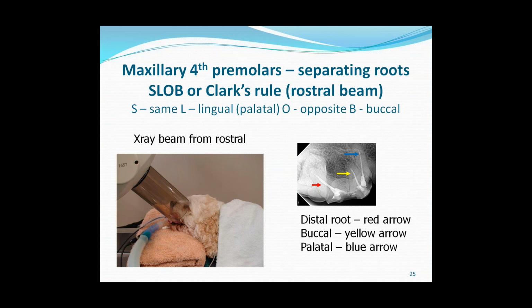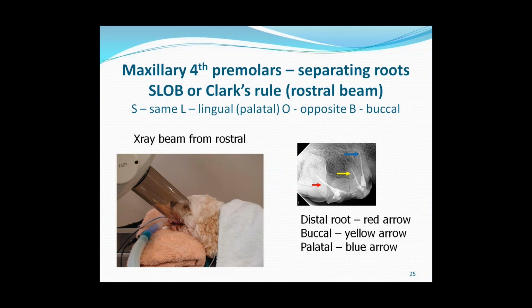I've taken a radiograph of a root canaled tooth, so you can see the obturated roots. There are 3 obturated roots in this radiograph, so you can easily see which root is which. The red arrow is pointing at the distal root. That will always stay distal.